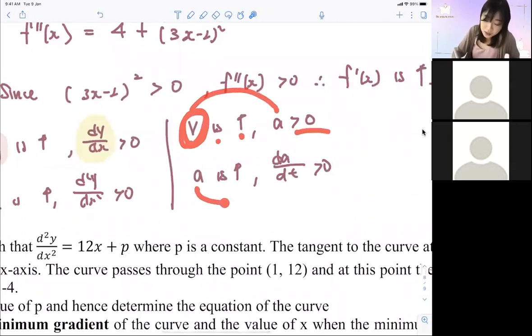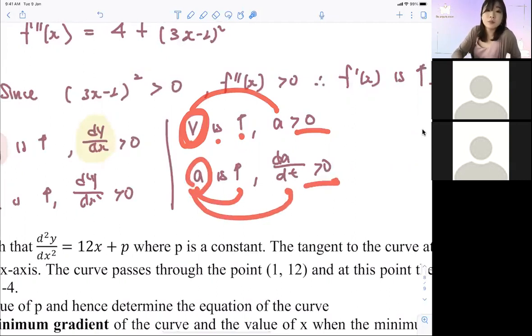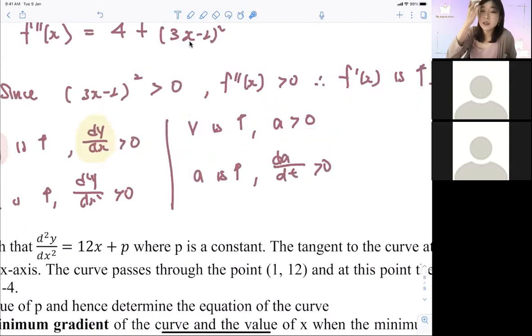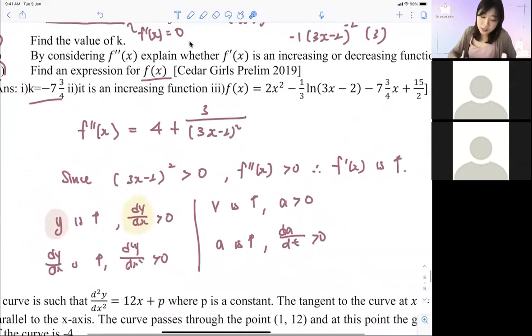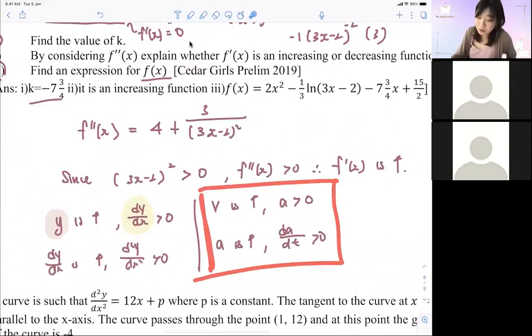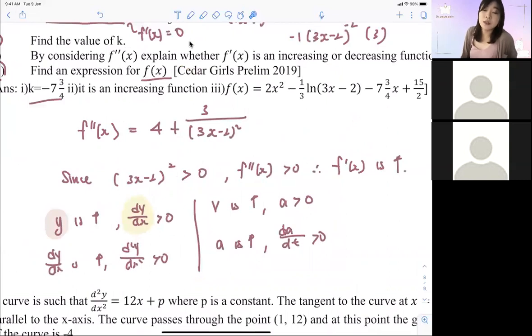I can say that acceleration is increasing, so the differentiate of acceleration is more than 0. Most of the time, the question will not be just a plain increasing or decreasing function. They most likely will add kinematics and use kinematic terms to test you on increasing and decreasing functions. So you just have to take note of this.